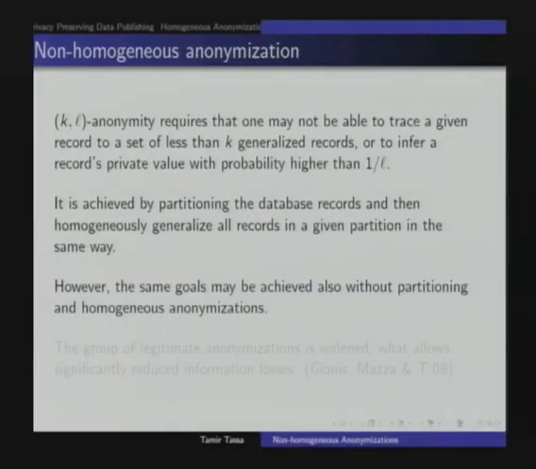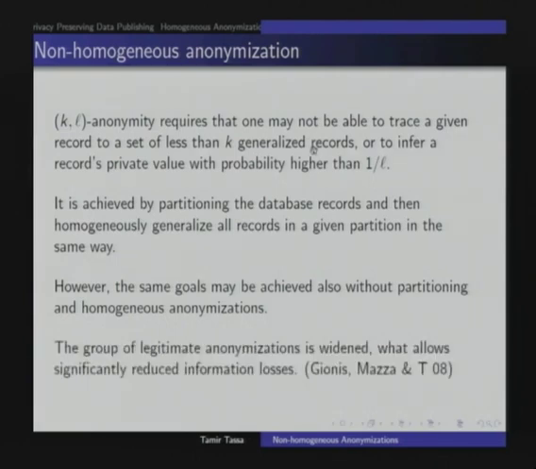Now, we claim that the same goals that were stated here in the first paragraph can be achieved also without following this methodology of partitioning and homogeneous anonymizations. And we claim that the group of legitimate anonymizations, if we break out of the framework that was described here, is widened in a significant manner.